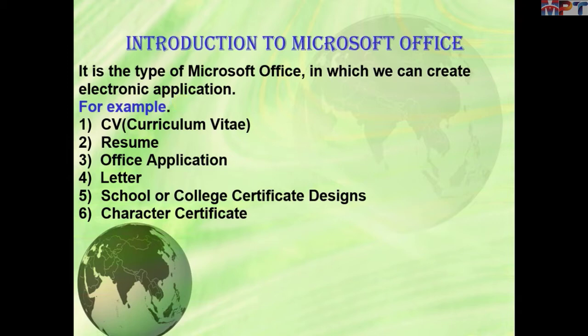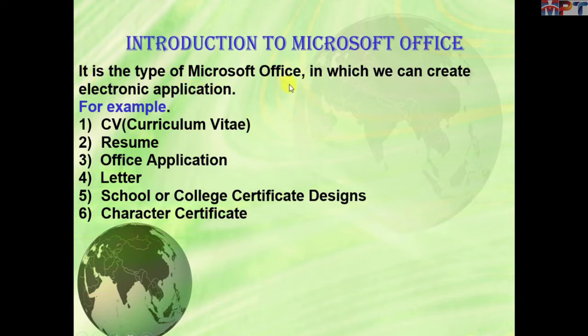When you see any data, text, message or document on a mobile screen, Android screen, laptop screen or computer screen, that is a form of electronic. You can text message someone; that message is in electronic form. When you print that message, that is called hard form.